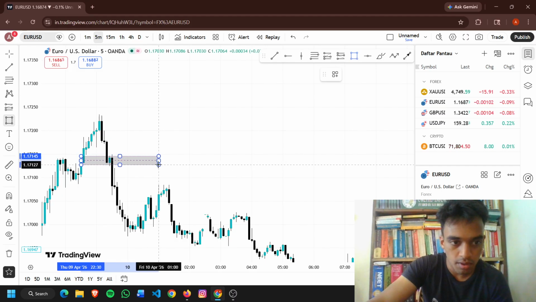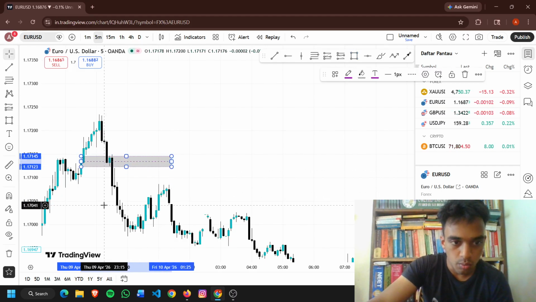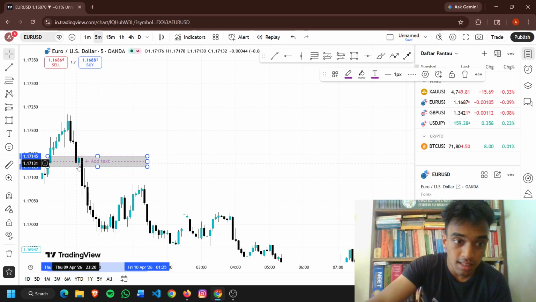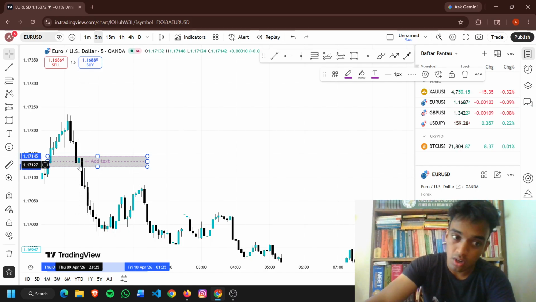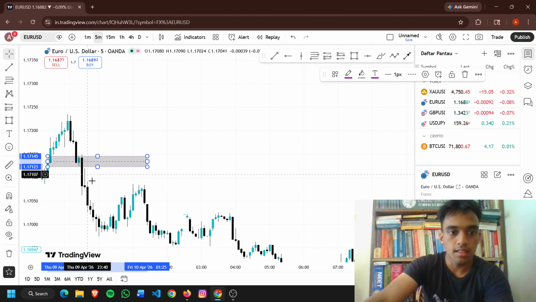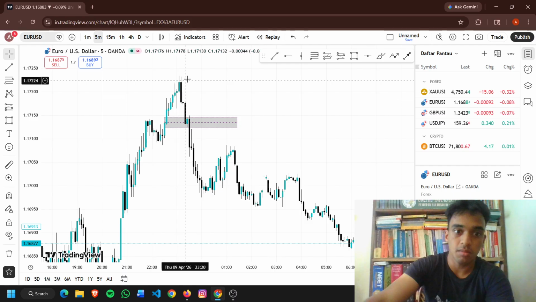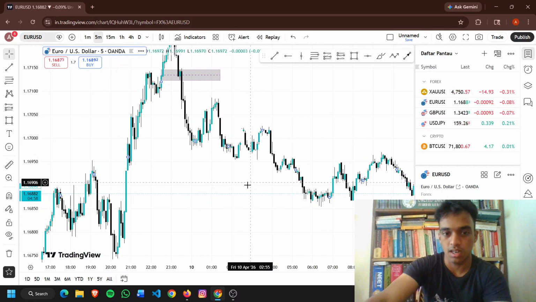A fair value gap, right? And what happened? In this candle it was not an IFVG, but by this candle closing below over here, see what happened? The IFVG formed. There was a retest, and then it was an uptrending market, and suddenly it became a downtrending market.